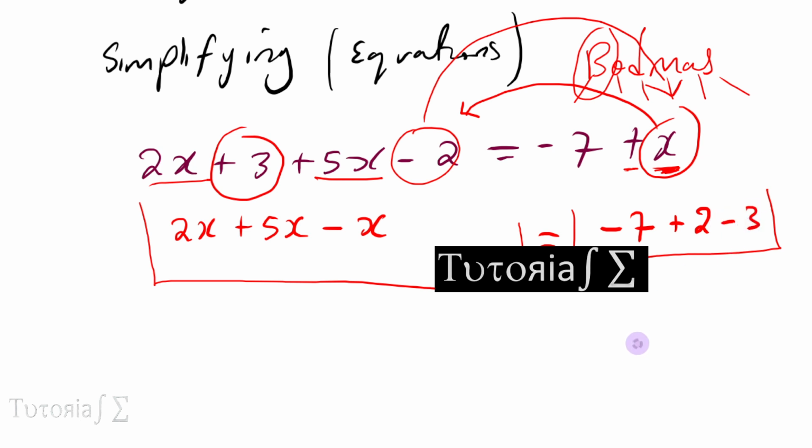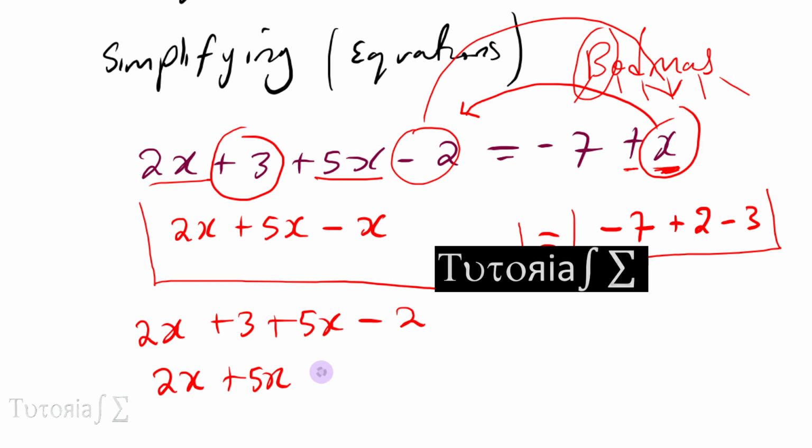So here is a misconception. The sign does not change when you're moving items around. For instance, you say 2x plus 3 plus 5x minus 2, then you say 2x plus 5x, then maybe minus 3, then minus 2.